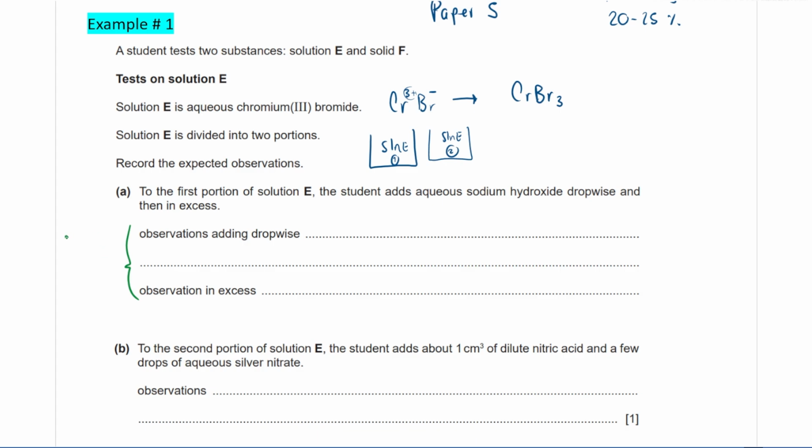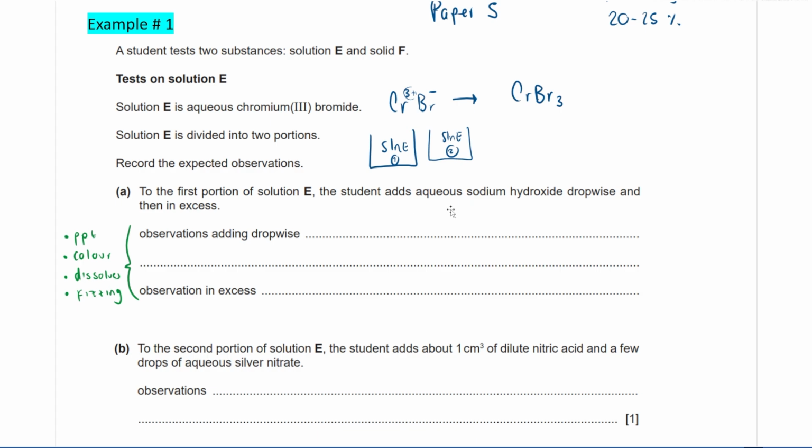So if there is a formation of precipitate, if there is a color change, if the solid disappears or dissolves, if there is fizzing. But please do not put something like, oh, this is a redox reaction, because we cannot really observe a redox reaction. We can observe that there is a color change. So this is the objective of observations. When they ask for observations, you put what you can see.